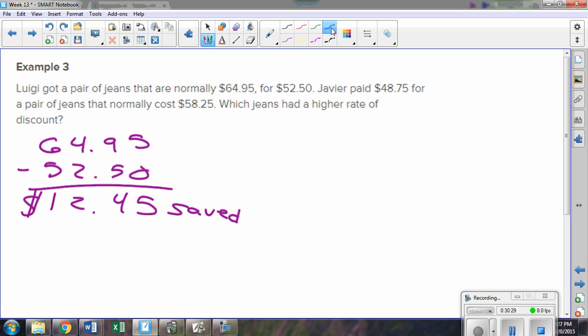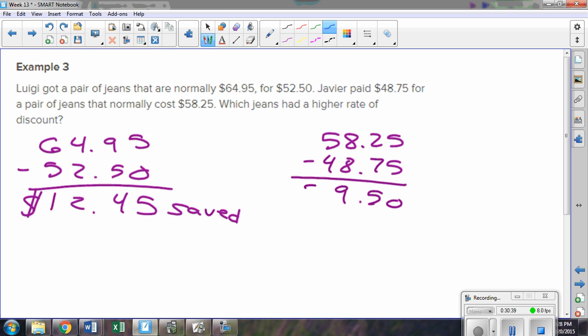For the second one, that normally costs $58.25, paid $48.75, and so we wind up with $9.50 saved. Who got the better deal? The guy on the left obviously saved more money, but he saved more money on something that cost a lot more.